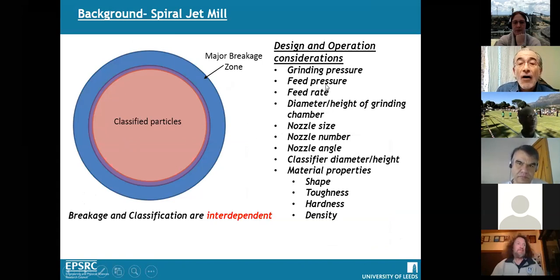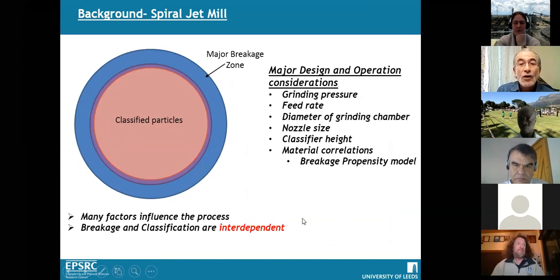These are affected by grinding pressure, feed rate, diameter and height of the grinding chamber, nozzle size, nozzle number, nozzle angle, classifier diameter and height, and of course material properties. So we really have a large number of parameters, and in practice, once the mill is there, the only things which are changed are really the grinding pressure and the feed rate. And these two influence the holdup.